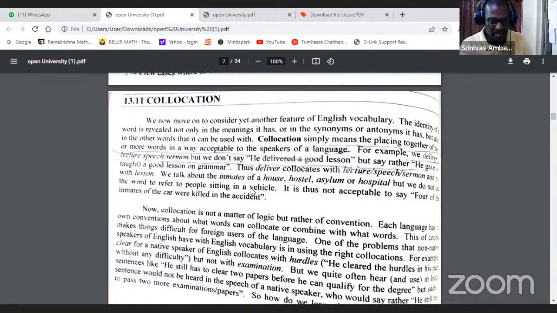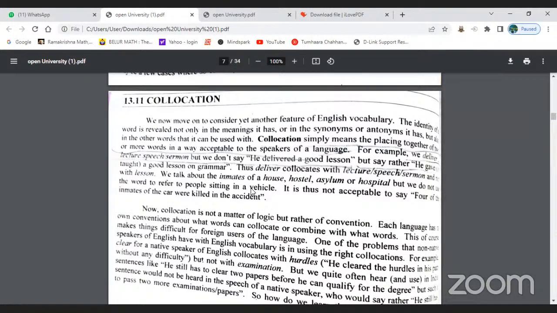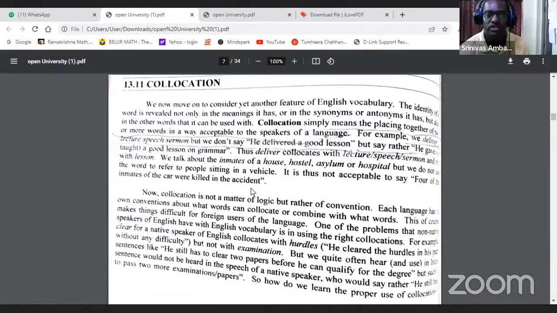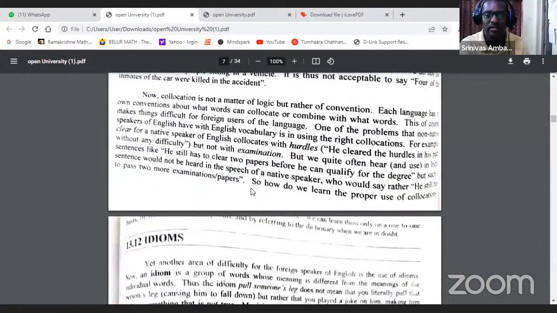This is also a page number, collocation, page 166. Your job is only to underline the definition and one example. Then before the exam, you can just read those underlined points.